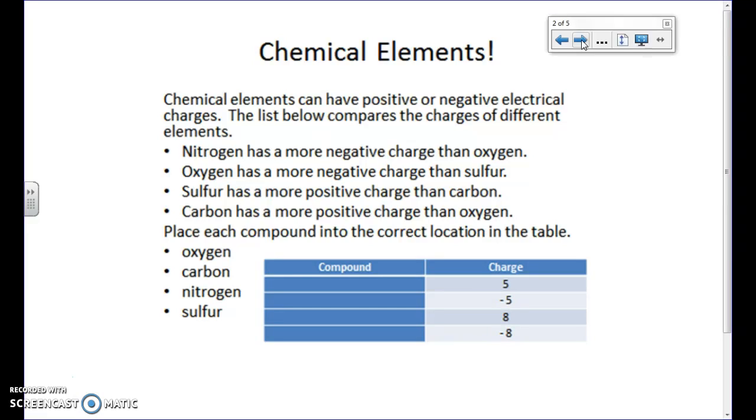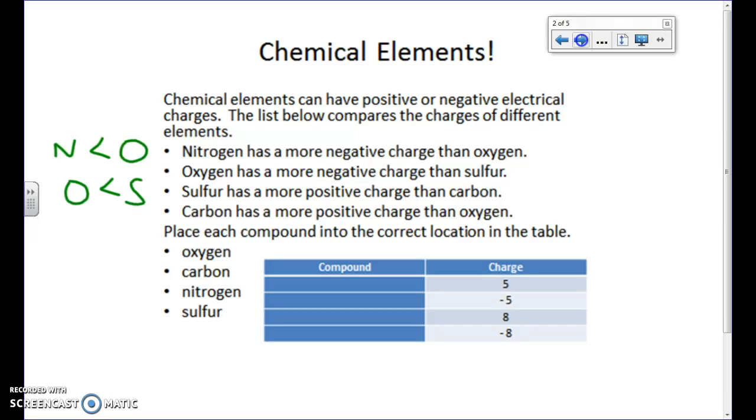The list below compares the charges of different elements. Nitrogen is more negative than oxygen. So if nitrogen is more negative than oxygen, that means oxygen will be bigger. Oxygen is more negative than sulfur. Well, if oxygen is more negative than sulfur, then sulfur will have a bigger charge.